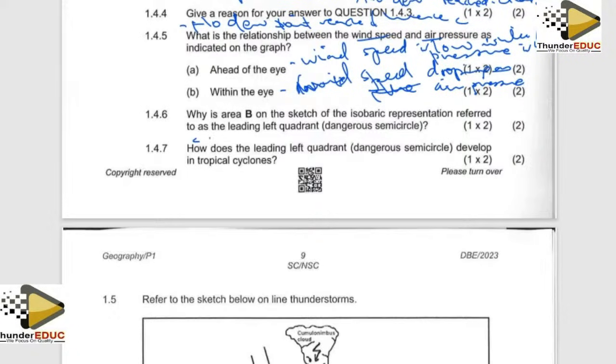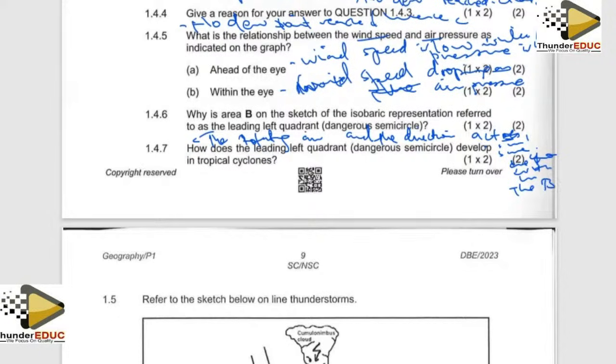Because the rotating air and the direction of the system, respectively, the rotating air and the direction of the system, all act in the same direction within the dangerous quadrant, within the quadrant B.